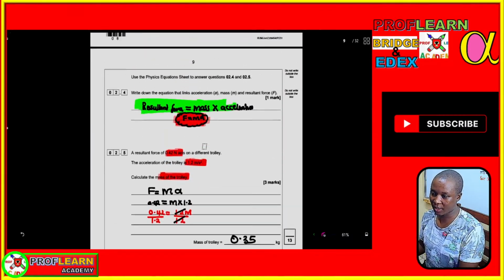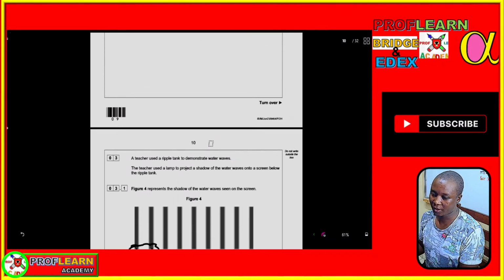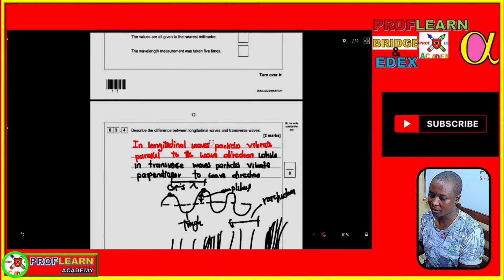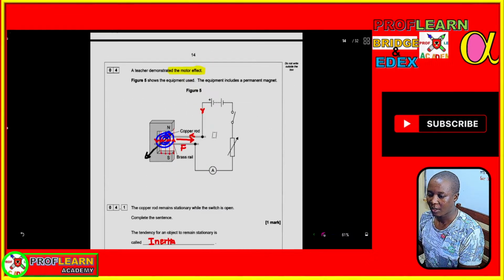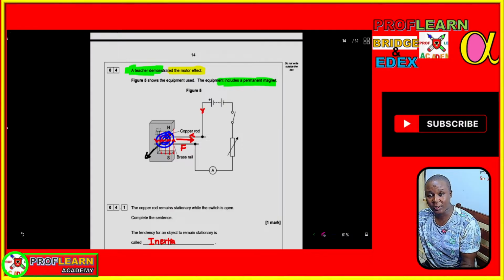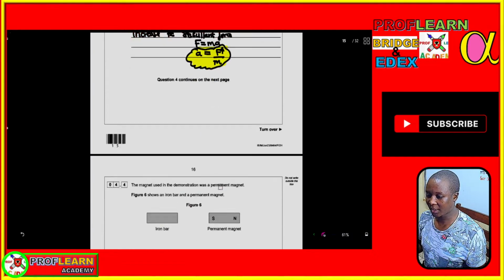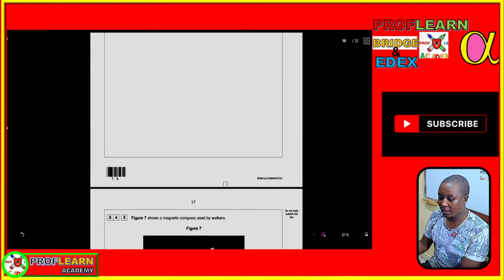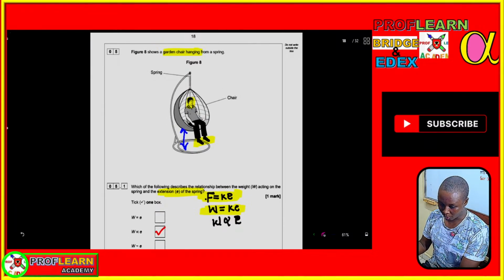The next topic was force equals mass times acceleration, and there was the topic of waves which we discussed. We talked about longitudinal and transverse waves. We talked about the motor effect, and we said that when current passes through a conductor, then there will be a force experienced in that conductor, because around the conductor there will be a magnetic field. Yeah, so basically those are the areas we discussed in this particular paper. Also, Hooke's law was there.